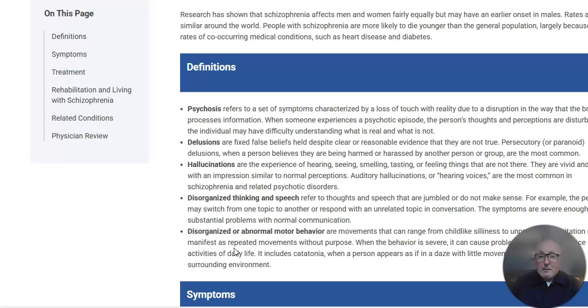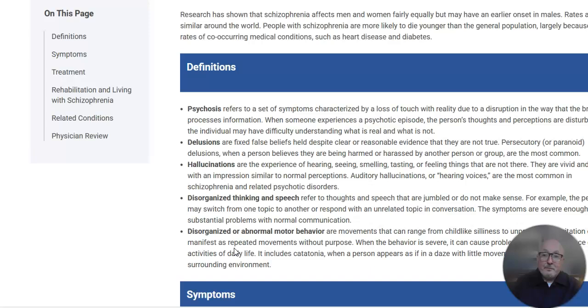Delusions as well, hallucinations, disorganized thinking and speech, and also disorganized or abnormal motor behavior. And because this is a thought disorder, it is a chronic brain illness. That's why you see these different criteria that are related to brain function.